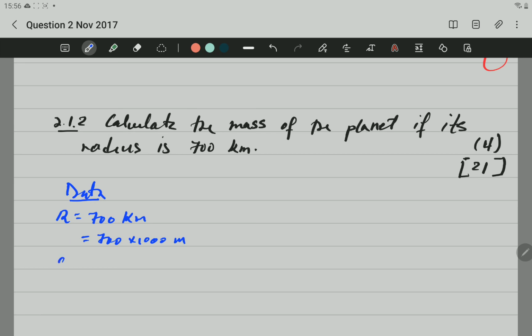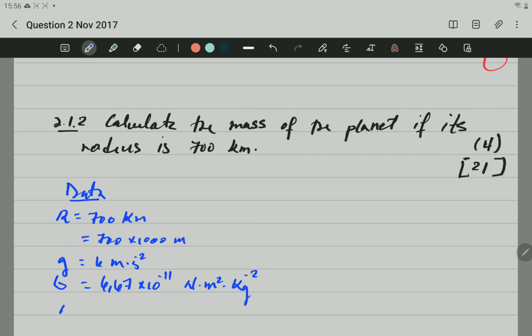We have that the acceleration due to gravity on that specific planet is 6 meters per second square, and the constant capital G, the constant of gravitation, is given to you as 6,67 times 10 to the minus 11 newton meter square per kilogram square. That is the unit for that capital G.